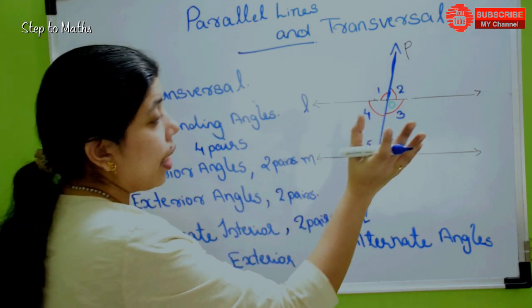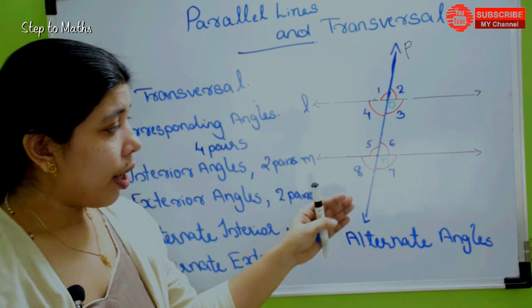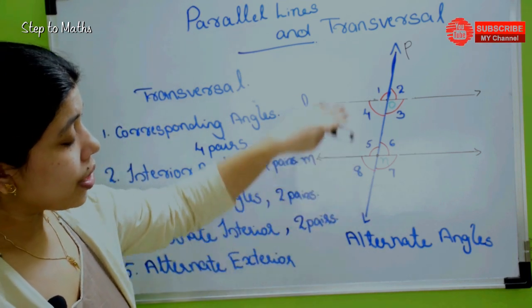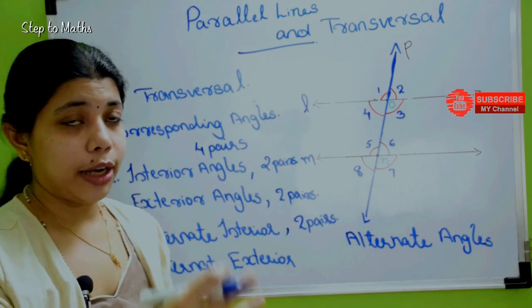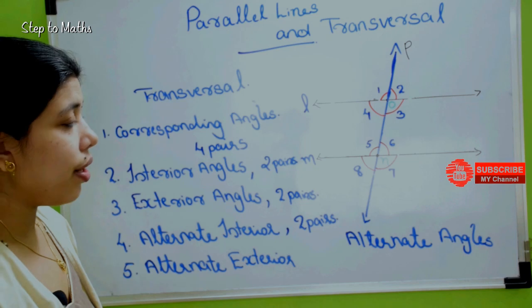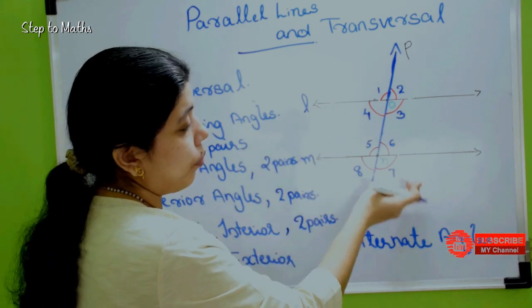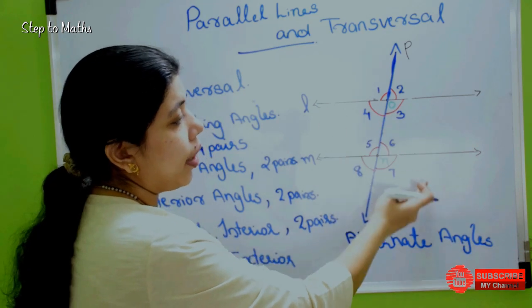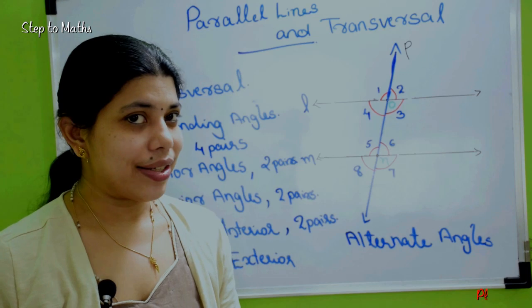If angles are inside the lines, they are known as interior angles, and if the angles are outside the lines, they are known as exterior angles. If angles are on opposite sides of the transversal, they are known as alternate angles.